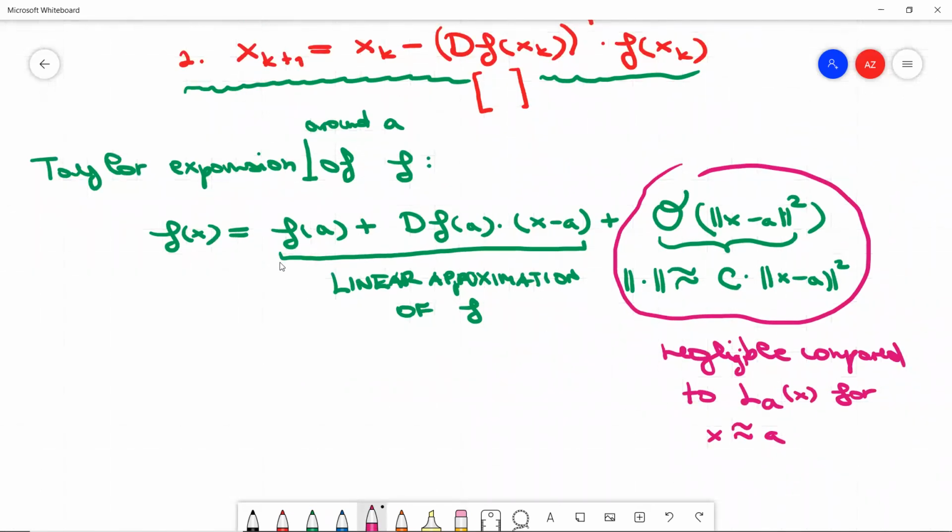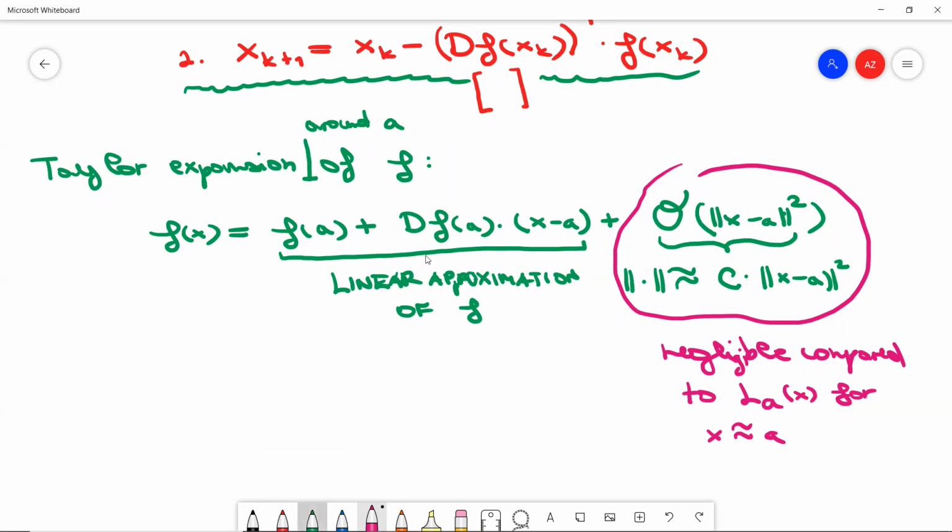And now, we are searching for the local extremum of f, which means that if we linearly approximate our f, we would like the norm of this linear approximation to be as small as possible.